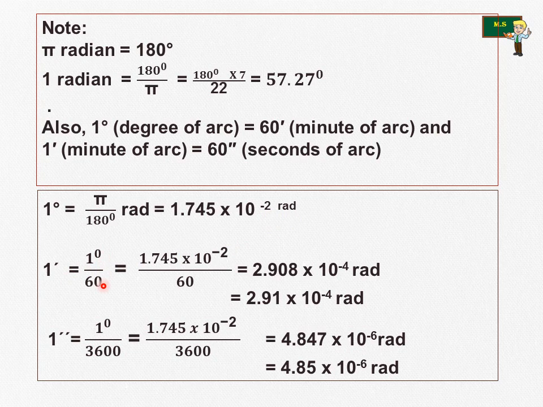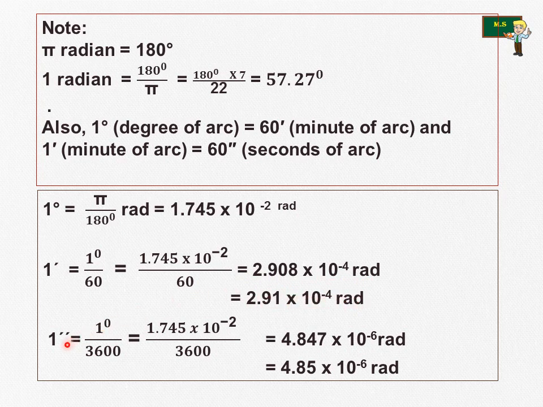So 1.745 into 10 to the power minus 2 divided by 60 is equal to 2.908 into 10 to the power minus 4 radian, or 2.91 into 10 to the power minus 4 radian.